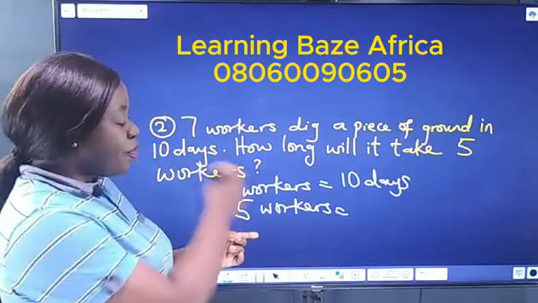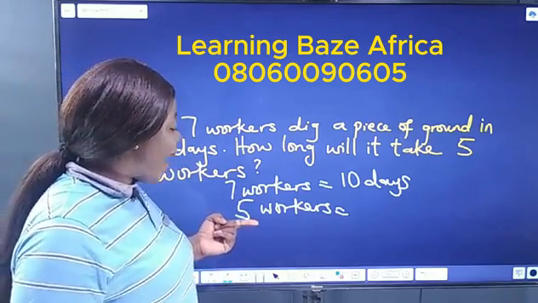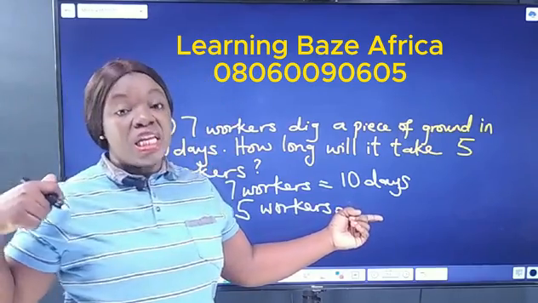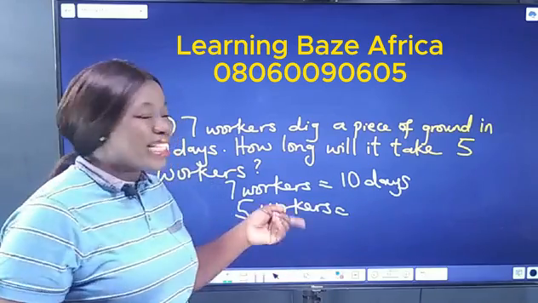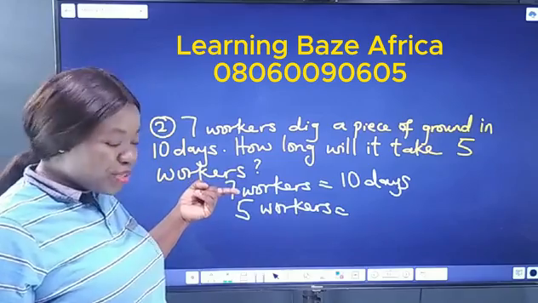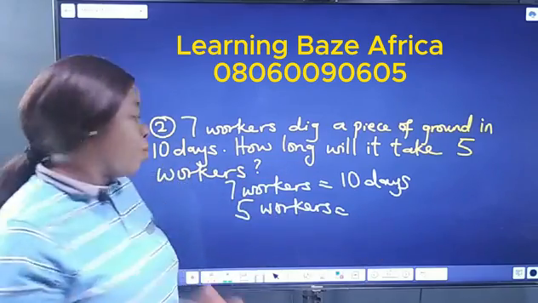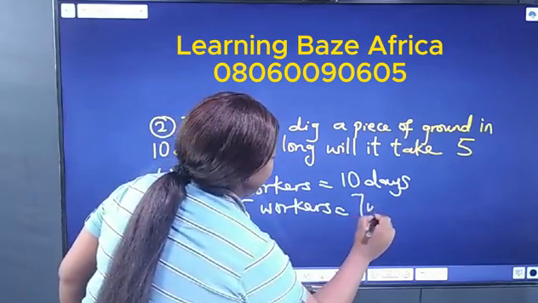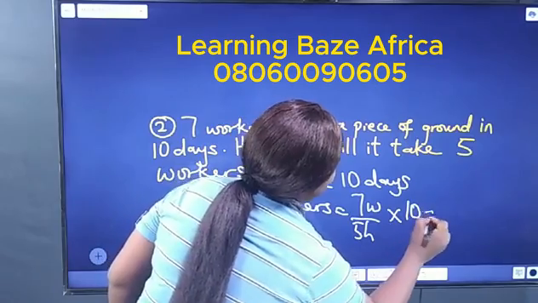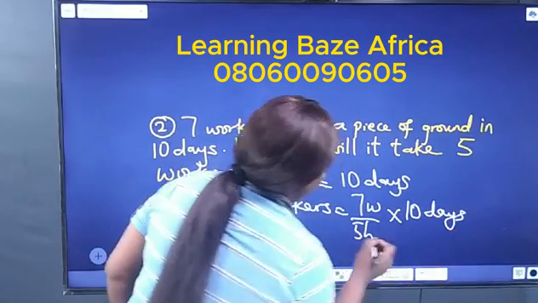So, you know, in the first example, I asked you to write this straight away because it was direct proportion. This is inverse. You're not going to write this variable first. You're going to write this variable first when showing your working. So that will be 7 workers divided by 5 workers times 10 days.